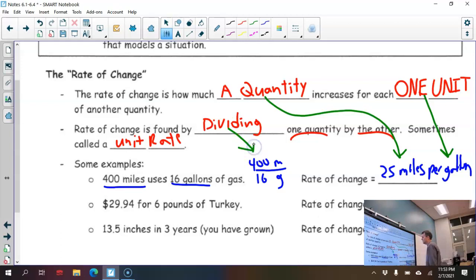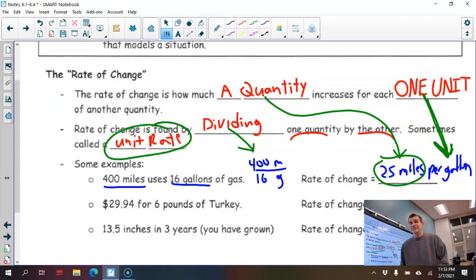We found it by dividing, right? That's what a rate of change is. A rate of change is how does this quantity change for every 1 unit of the other quantity? And that is why it's called a unit rate, because it's how much it changes for every 1 unit.